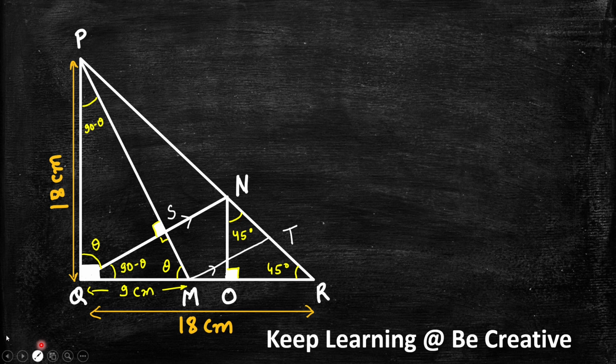So here, in triangle PQM, if I apply tan theta, that will be equal to, since this angle is theta, this is the base and this is the perpendicular. I know the base as well as the perpendicular length.